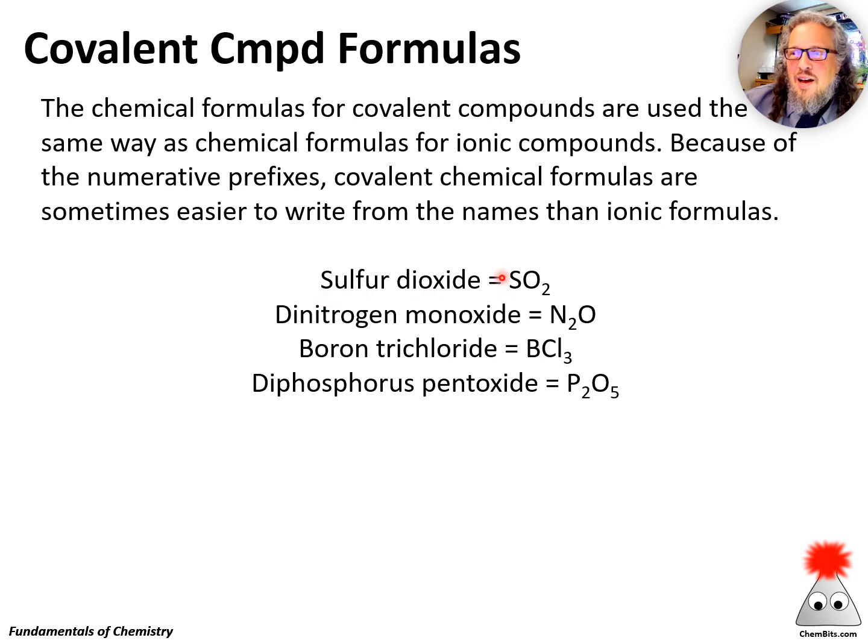So sulfur dioxide, 2 oxygens. Dinitrogen monoxide, N2O, 2 nitrogens, 1 oxygen. And it can be the first element, it can be the second element, it can be both elements. Diphosphorus pentoxide, P2O5. Again, the prefixes kind of write the formula out for us.